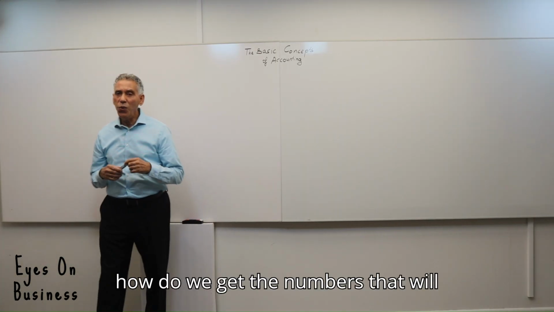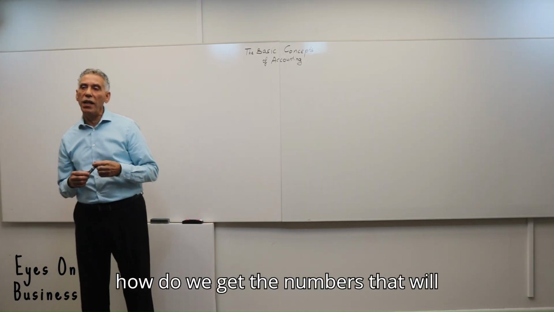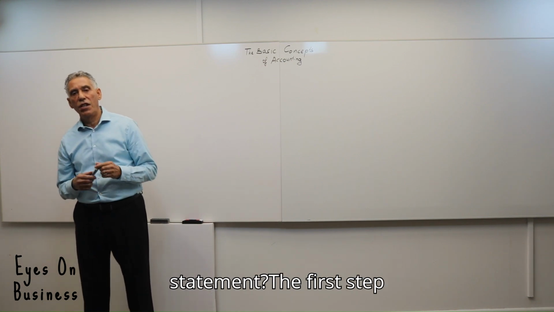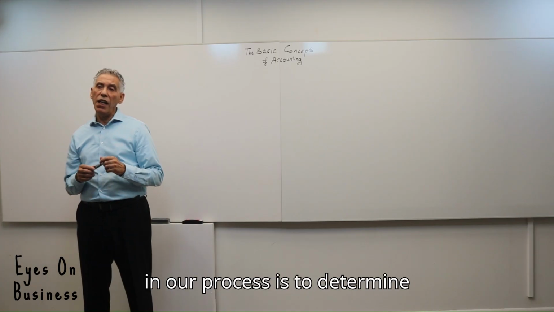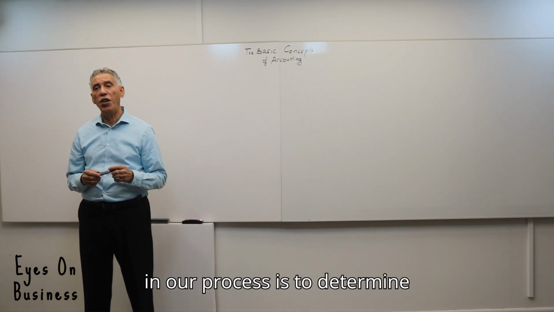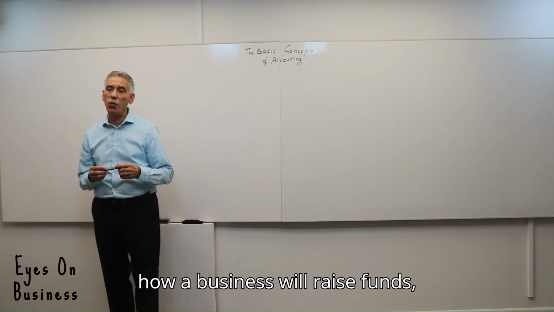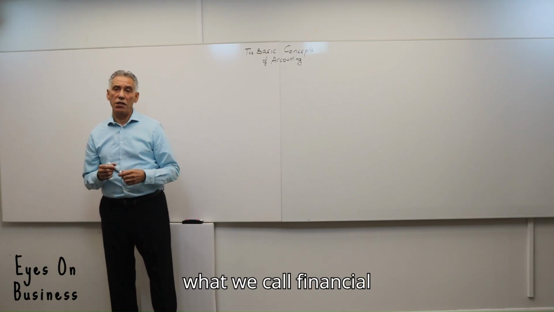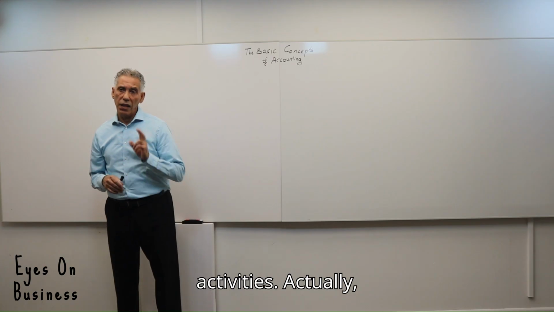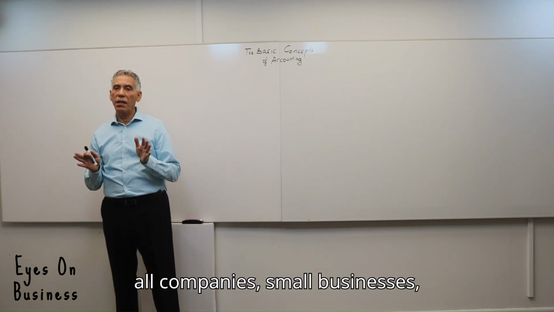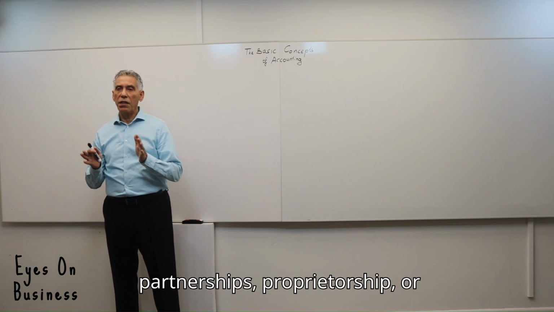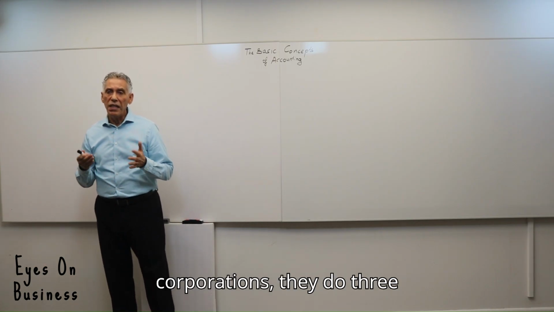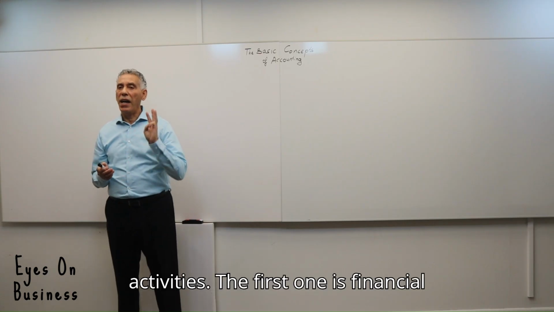Now, how do we get the numbers that will ultimately appear in the financial statements? The first step in our process is to determine how a business will raise funds, what we call financing activities. Actually, all companies, small businesses, partnerships, proprietorships, or corporations, do three activities.